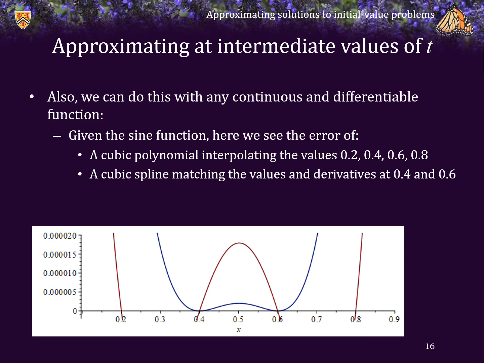However, the blue function shows the error of the cubic spline that matches the values and derivatives at 0.4 and 0.6. As you can see, because the derivative is also matched, the error only starts to grow very slowly as you move away from 0.4 or 0.6. After all, that's what Taylor's series explicitly says. If you're matching the slope, then the error is going to be order h squared as you move away from it.